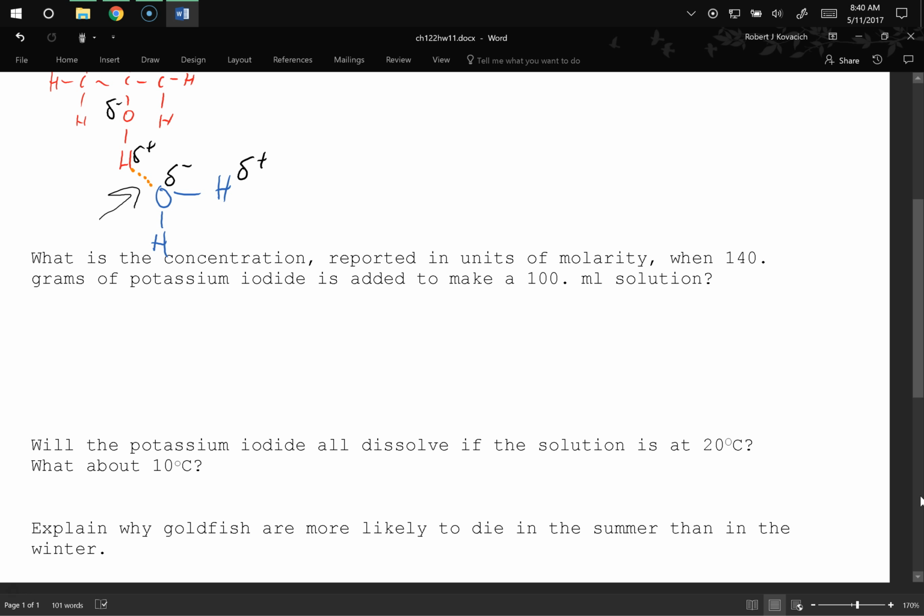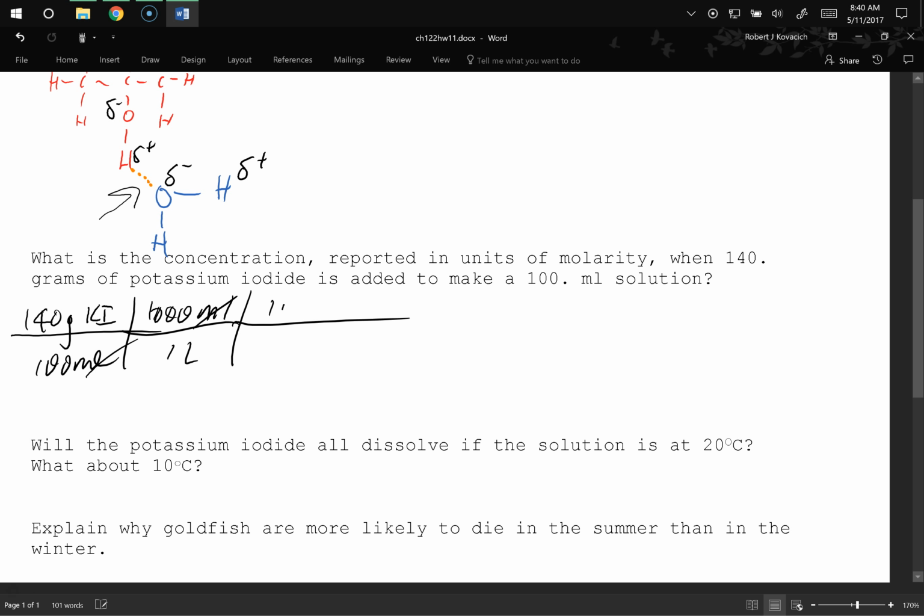All right, so I've got some potassium iodide, and I got 140 grams of it in 100 milliliters. Molarity. Okay, so 140 grams KI in 100 milliliters, and it'll be 1,000 milliliters for 1 liter. So milliliters are gone. And then 1 mole KI per grams KI.